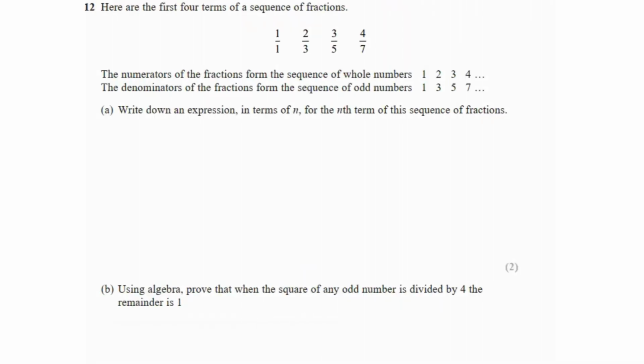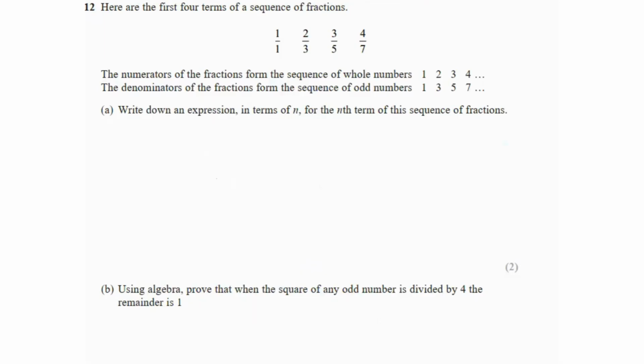Next question says here are the first 4 terms of a sequence of fractions. The numerators of the fractions form the sequence of the whole numbers 1, 2, 3, 4, whereas the denominators of the fractions form the sequence of odd numbers 1, 3, 5, 7. Write down an expression in terms of n for the nth term of this sequence of fractions. So we can see in the numerator, it's just 1, 2, 3, 4. In the denominator, we have odd numbers.